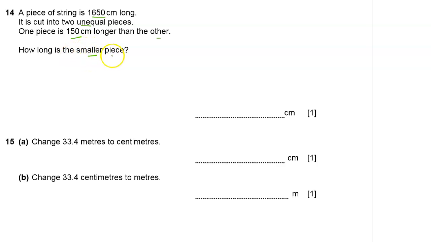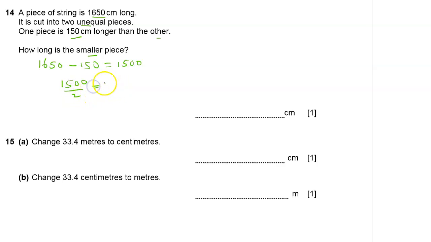To get the answer, we first take away the extra length which is longer than the other from 1650. When you do that, you're going to get 1,500, and we now divide this 1,500 by 2.